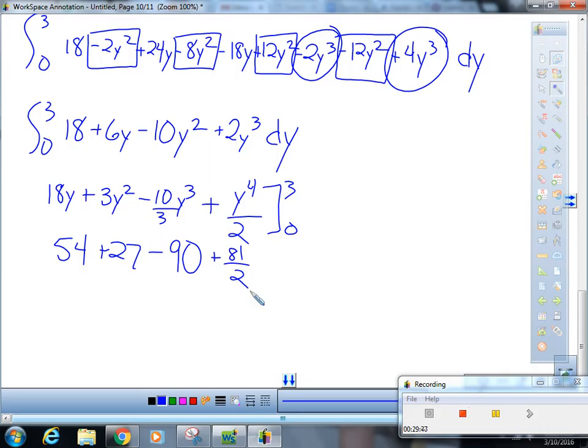Right? Is that right? Does it actually add up to it? Yes.